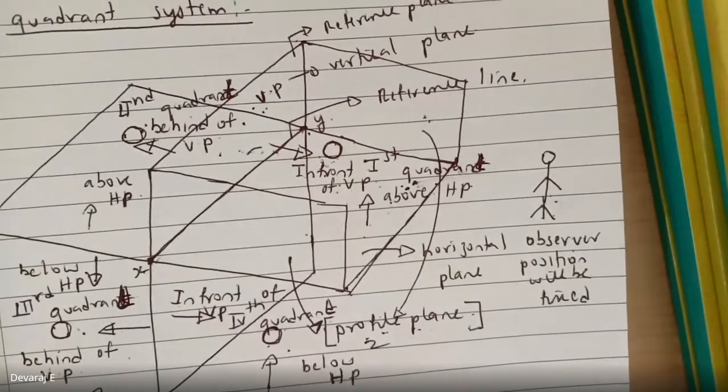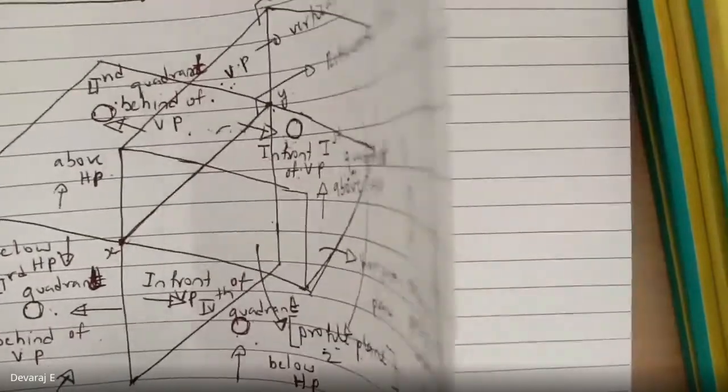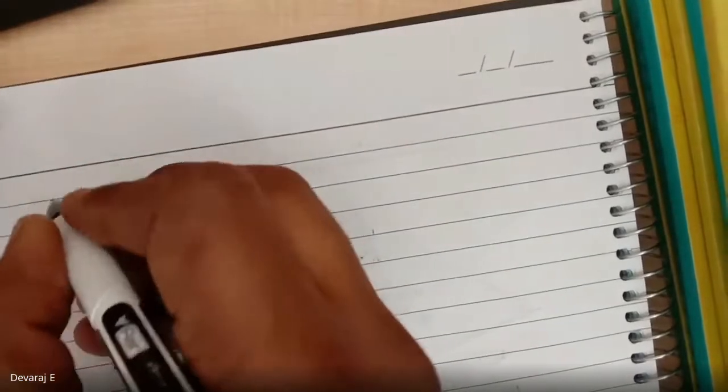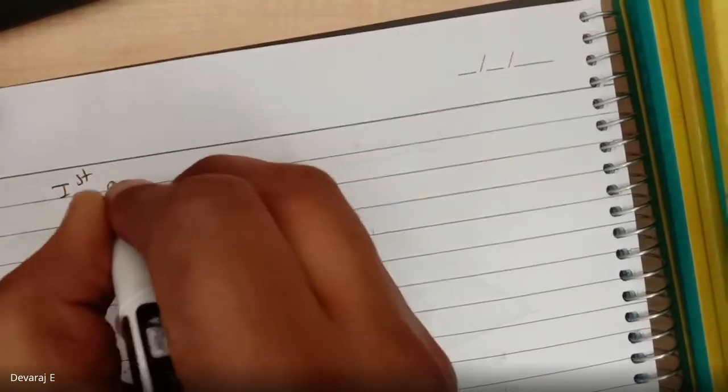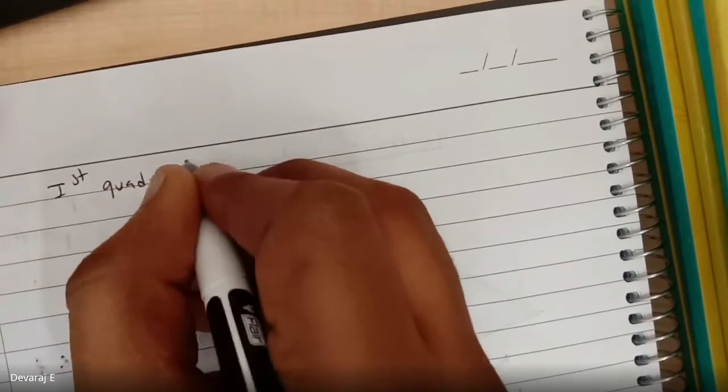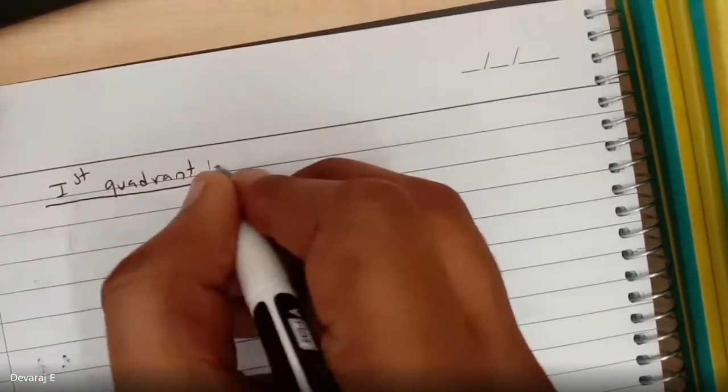Now I will explain each individual quadrant. Write down: first quadrant system, or first quadrant orthographic projection system. See here.